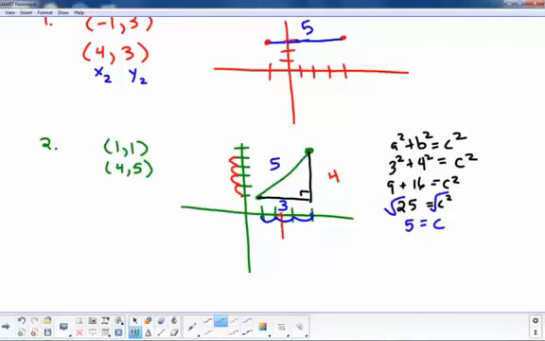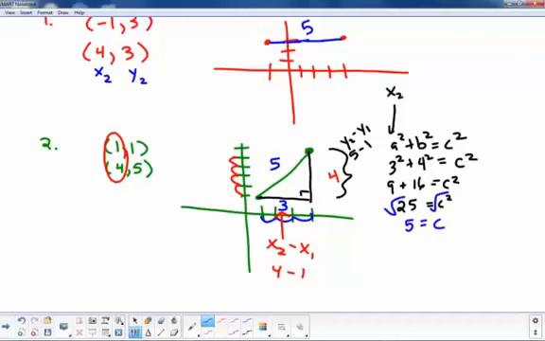This 3 is figured out by doing the difference of the x's. So x2 minus x1. That's 4 minus 1. This 4 is figured out by doing the difference of the y's. And that would be our 5 minus 1. So my a squared is really x2 minus x1 squared.